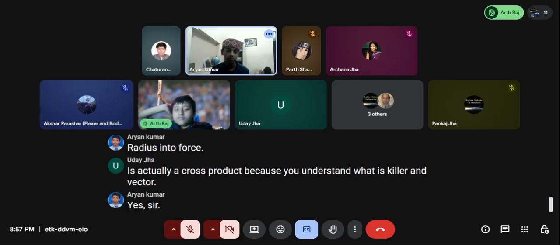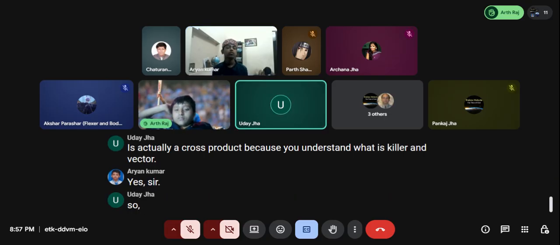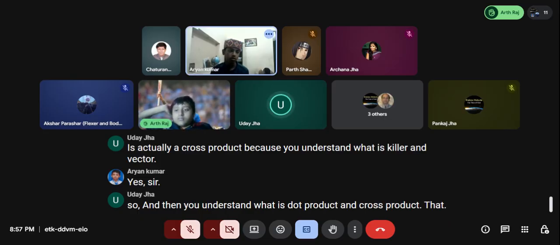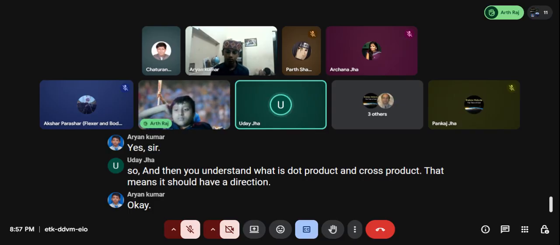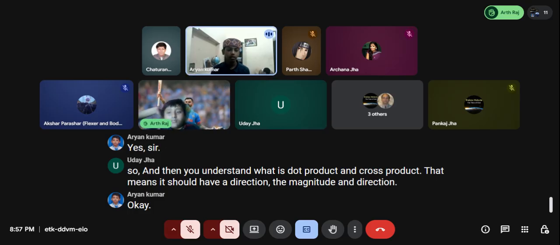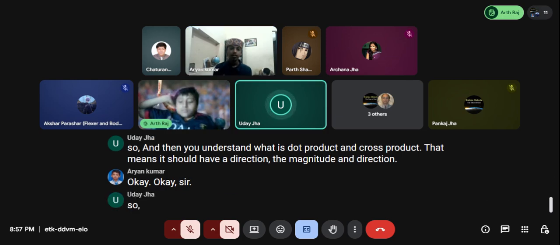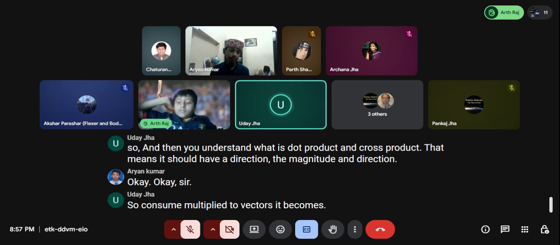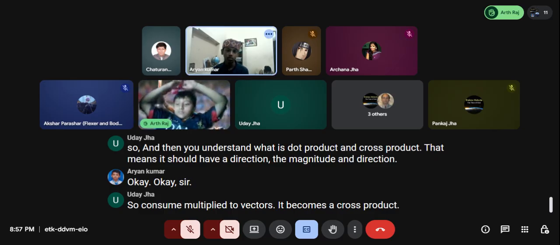And then you understand what is dot product and cross product. That means it should have a magnitude and direction. So once you multiply two vectors, it becomes a cross product.